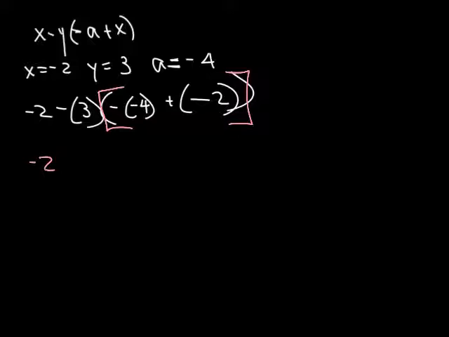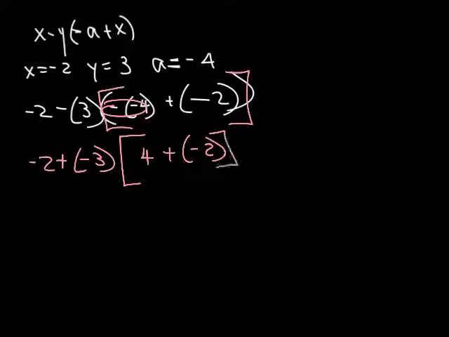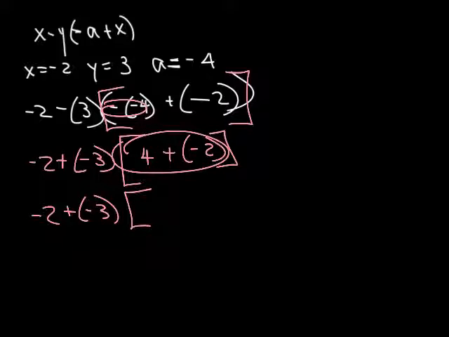So that's negative 2 minus 3, so negative 2 plus negative 3. And then we've got here two negatives give me a positive 4. Okay, so negative 2 plus negative 3. I've got a positive and a negative, so I have different signs, so I'm going to take the difference between the two and put the sign of the biggest one on that.